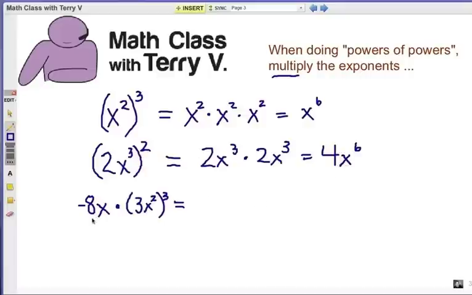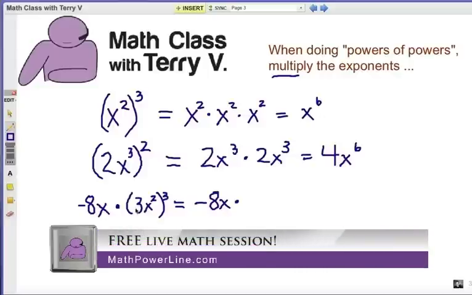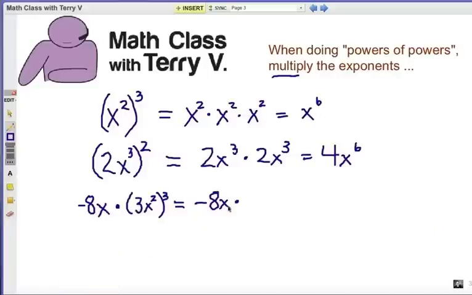Alright, now here it might be a combination. We have negative 8x, let's just copy that down first, times, now let's do powers of the powers. This 3 is being raised to the third power because it's inside the parentheses. So think about 3 times 3 times 3. It's not 9, it's 3 times 3 times 3, which is going to be 27.